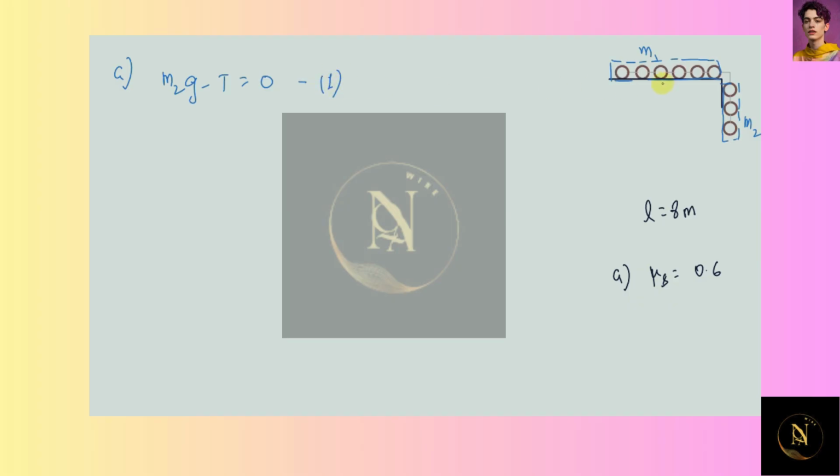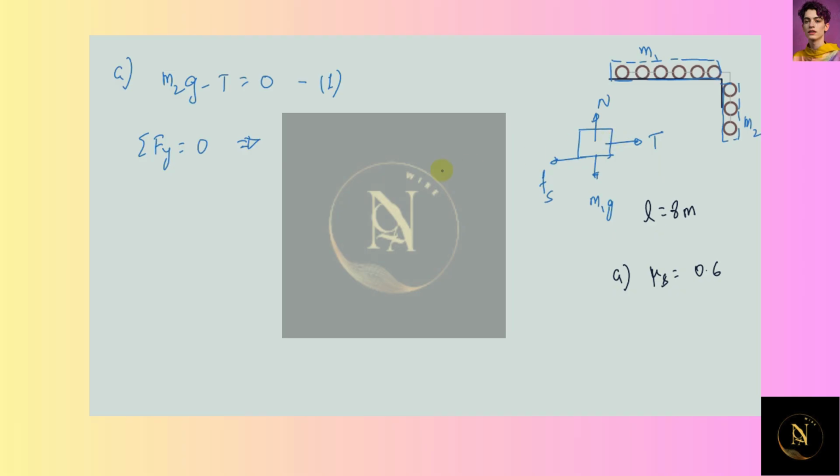Now next I will be applying the equation of equilibrium for this portion of chain. So let me draw the free body diagram for this portion of chain. This is the normal force N, this would be m1g, here it would be the tension force, and the friction force would be acting in the opposite direction. Now we can apply the equation of equilibrium in the y direction, sigma Fy equals 0.